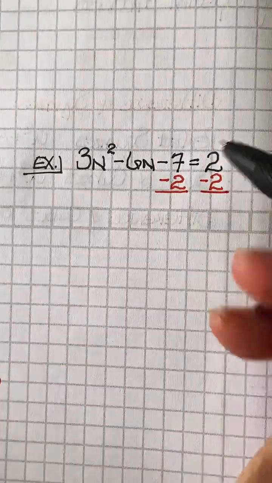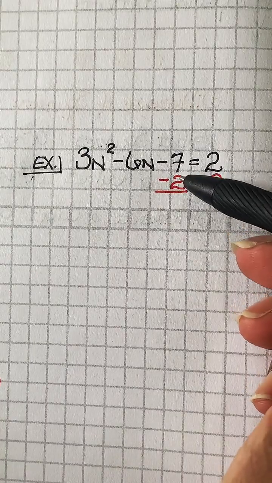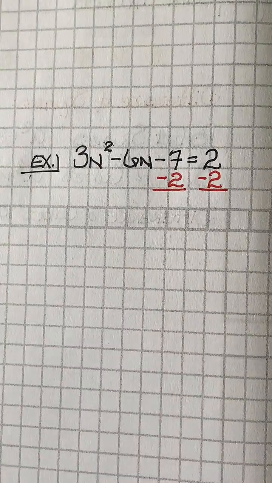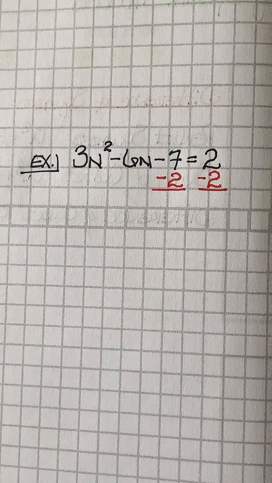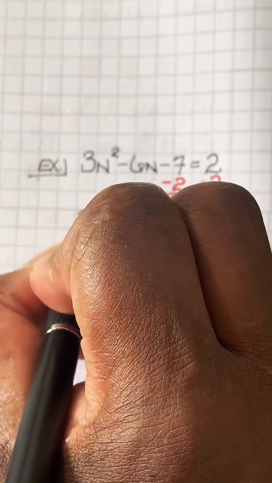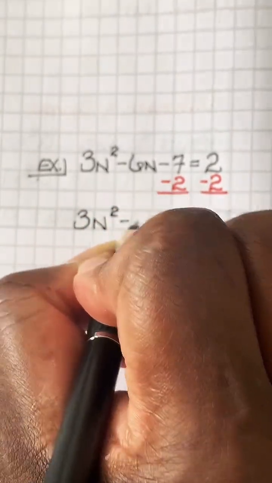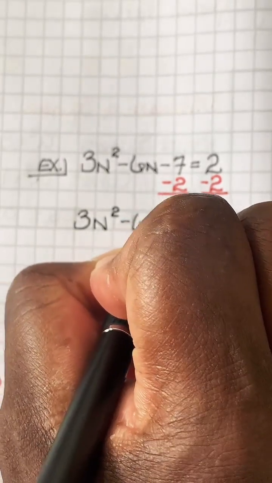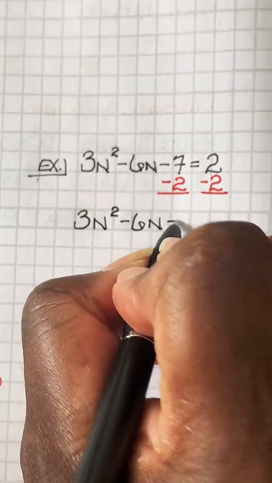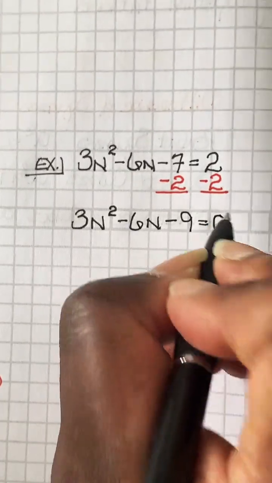So that means the 2 is going to be lined up with our other content, which is negative 7 under the negative 2. So that gives me 3n squared minus 6n minus 9 equals 0.